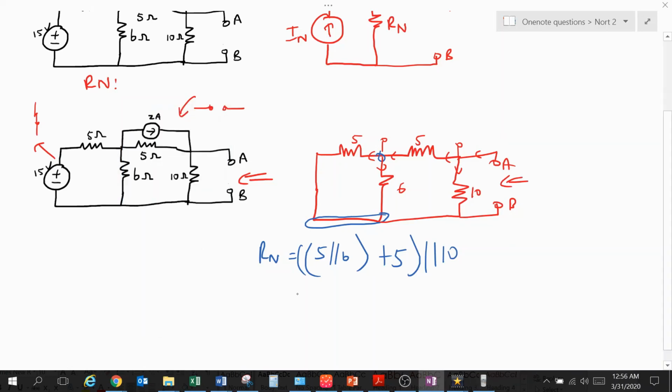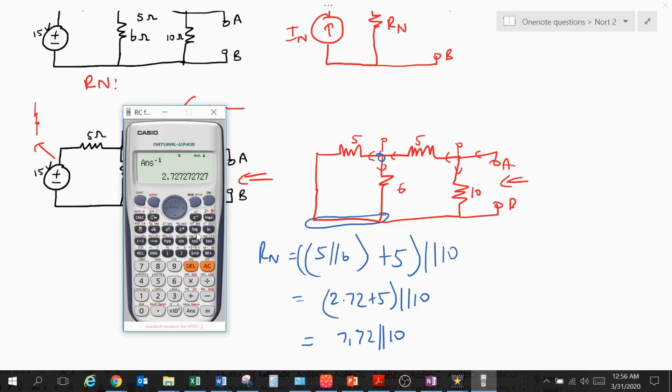So that gives us 2.72 plus 5 in parallel with 10, which is going to be 7.72 in parallel with 10. And we can get that final value. So plus 5 gives us 7.72, that in parallel with 10, we invert that, that will give us a value of 4.35 ohms.